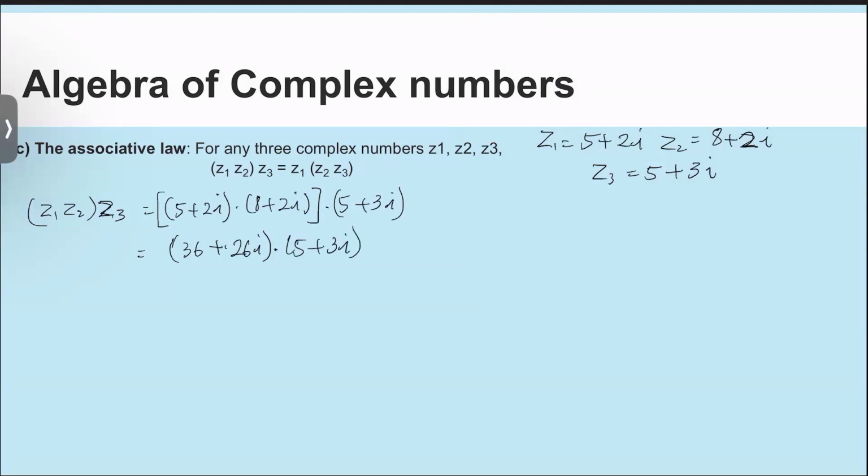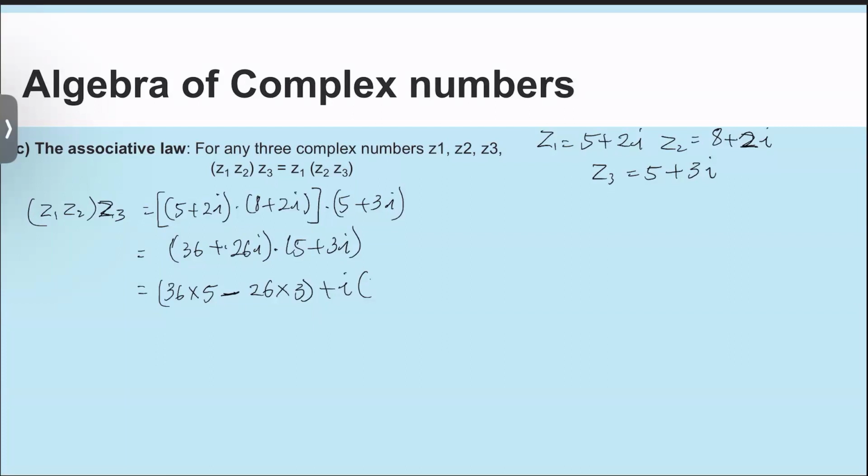Okay, so you consider this as a plus bi and this as c plus di, then put it in the general form of a product of two complex numbers. 36 multiplied by 5, so that is AC, minus BD, 26 multiplied by 3, and then plus i times AD plus BC.